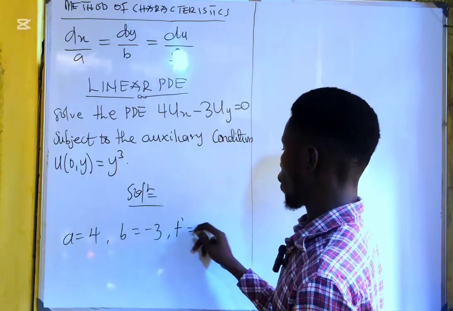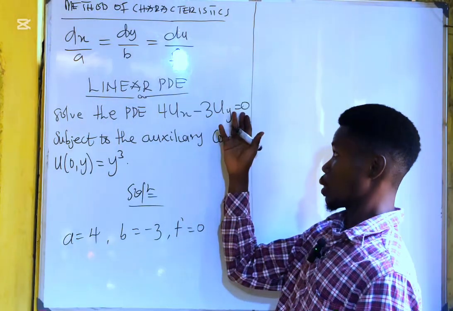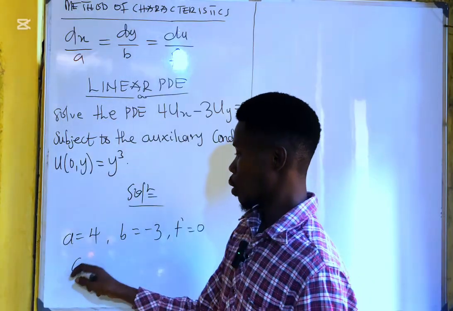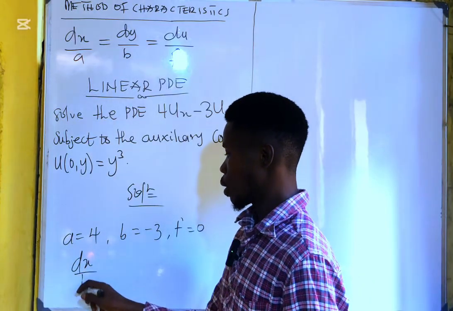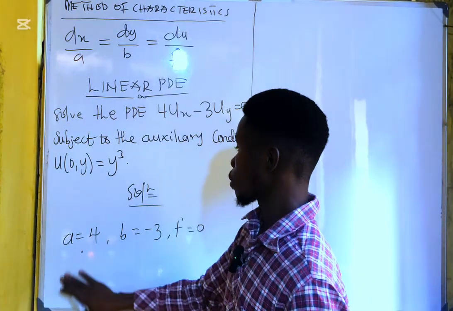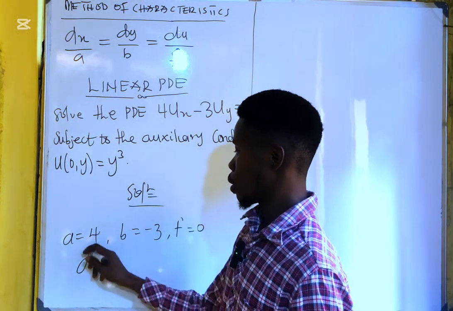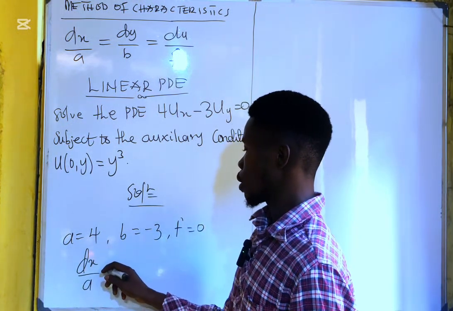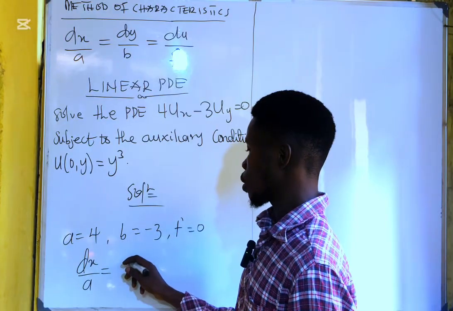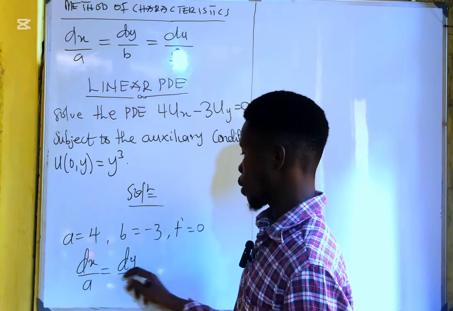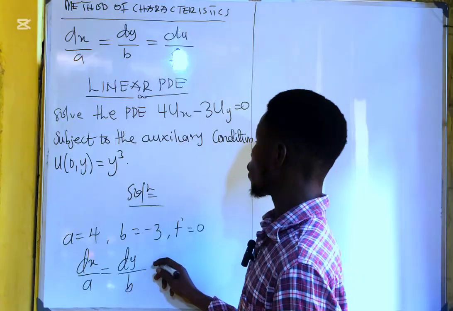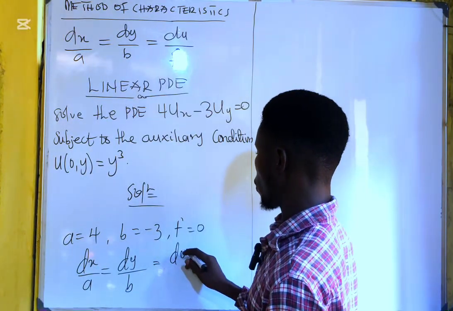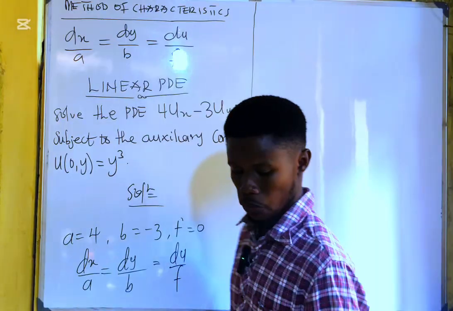Our F will be 0, because if you take this and that, the rest is 0. There's nothing there. So we are going to have dx over A equals dy over B equals du over F.